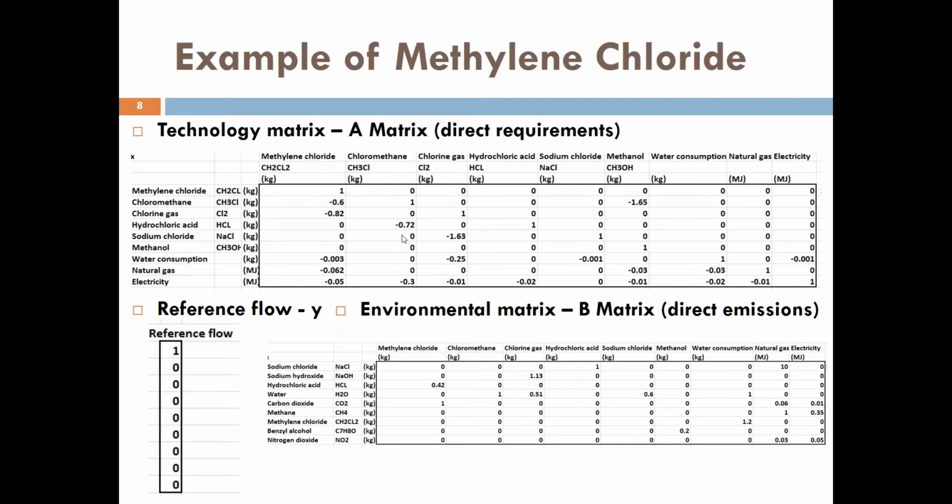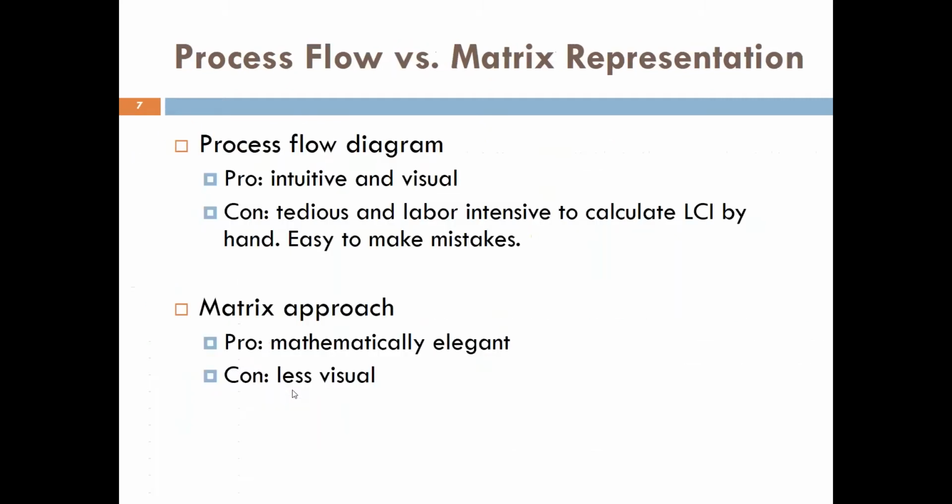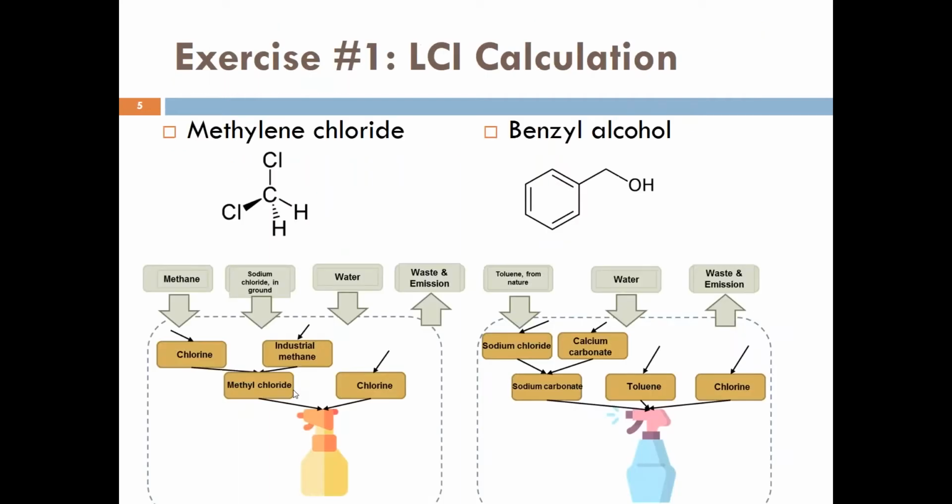And then each of those processes also requires other processes to operate and generate their inputs, right? So all those life cycle process-to-process interactions require all these processes to be in operation to a certain level. And that level should equate to production of the reference flows. All the rest of the flows all need to be consumed by the life cycle. What we need in the end is only this.